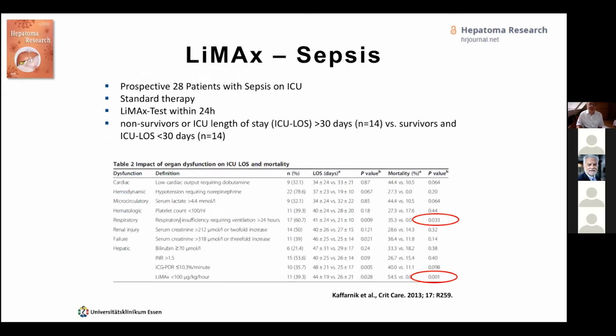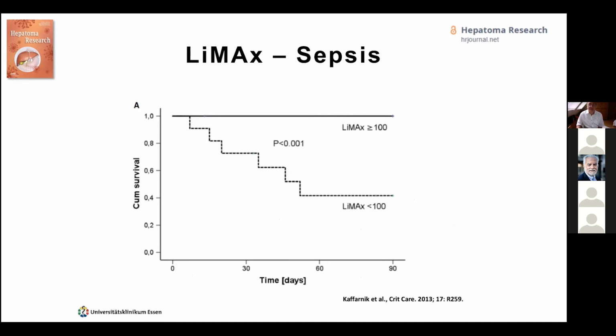And in patients on the intensive care unit measured with the LiMAx assay, we have seen that patients with acute respiratory distress syndrome and also very, very bad LiMAx values were non-survivors, and we could predict non-survival using these markers. And as you can see here, there's a very good discrimination between those patients with a low value in LiMAx, less than 100, and those patients with a high value, who are survivors.